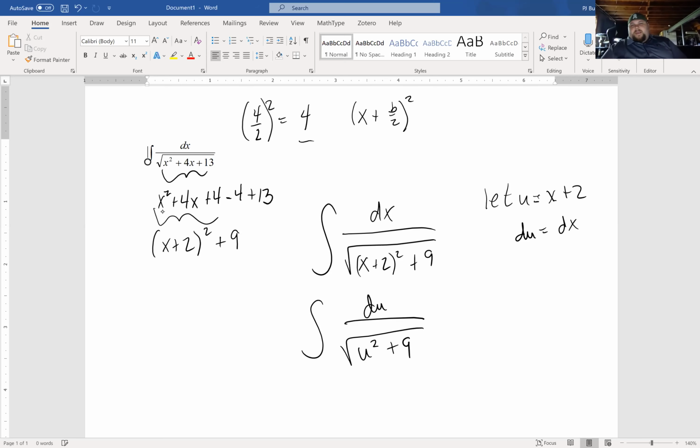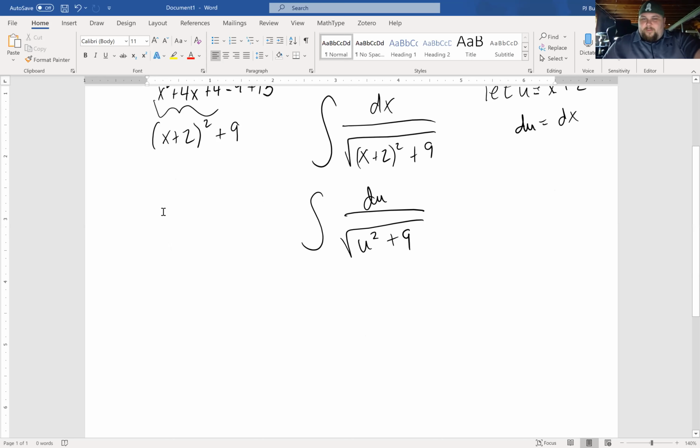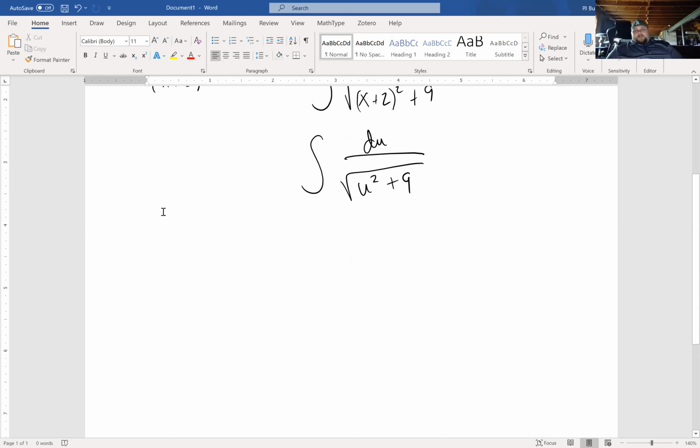Now, given the fact that we have the table of integrals, if one said, now use the table of integrals, this would be easy, right? We could just look that up, and I think it's going to be in probably the 25 range, somewhere in there. But let's say we don't have the table, and so we've got to integrate this now.